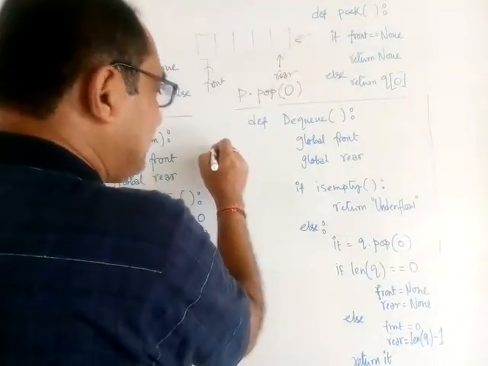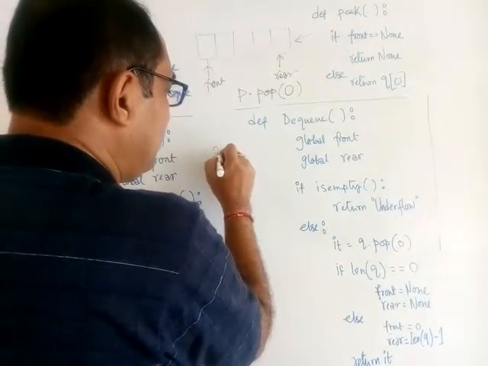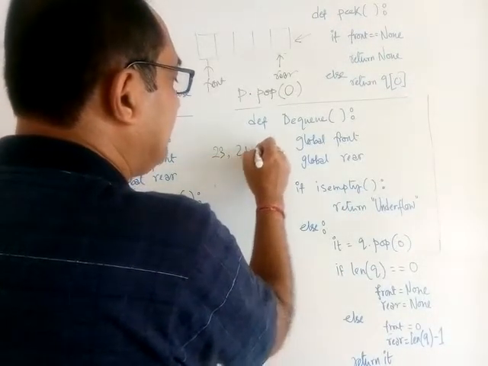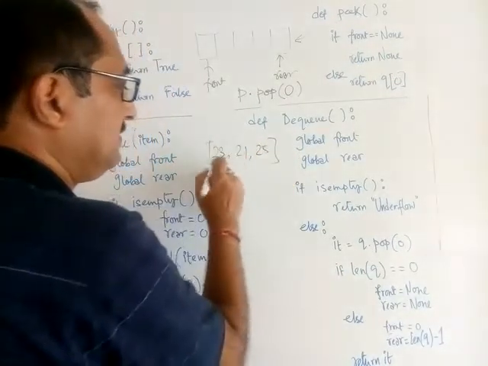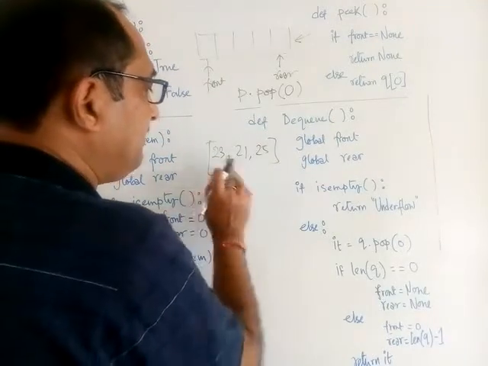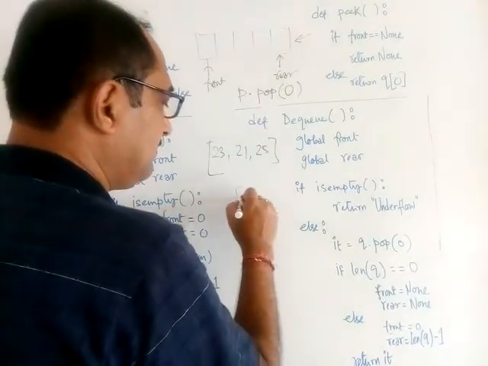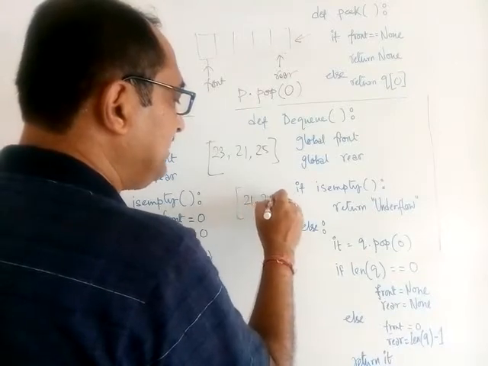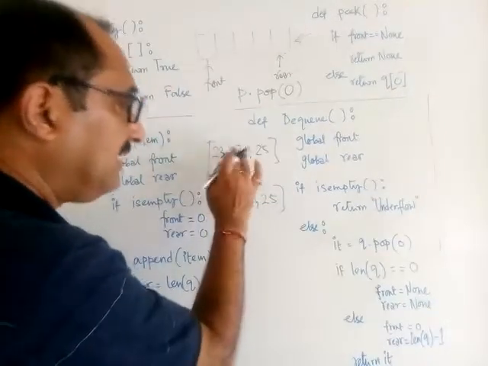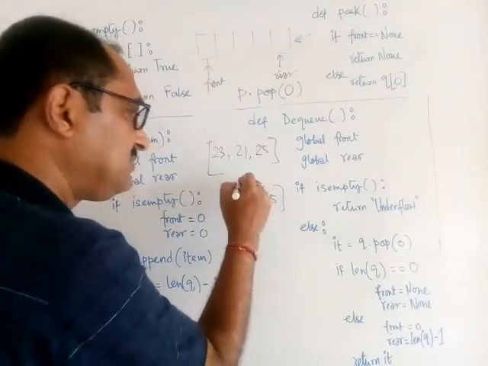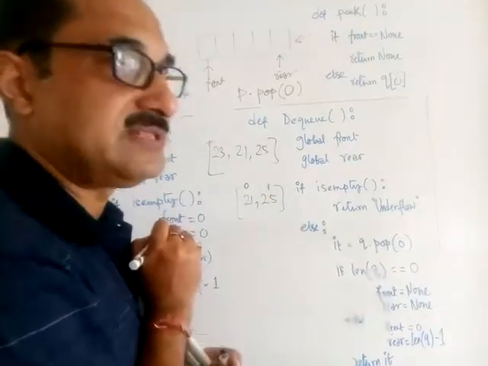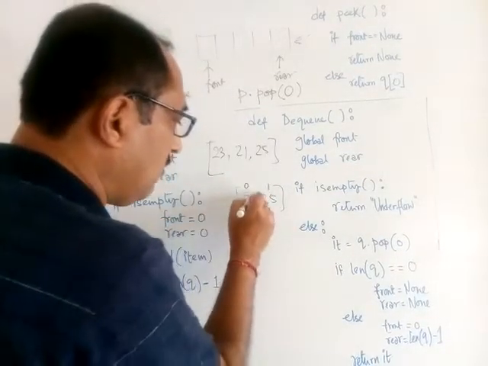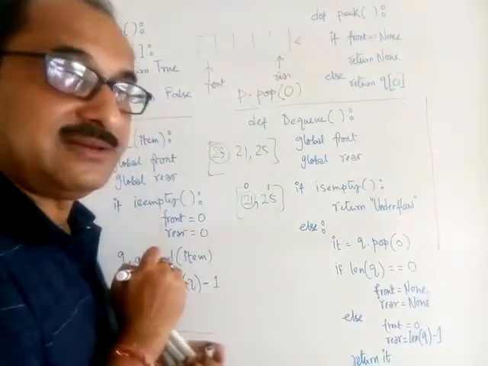So if at any given time we have 23, 21 and 25 in a list, see this carefully, and if I remove the 0th element, it will look like this. Now automatically this becomes your 0th element and this becomes your first element. So don't you think you are always removing the 0th element?